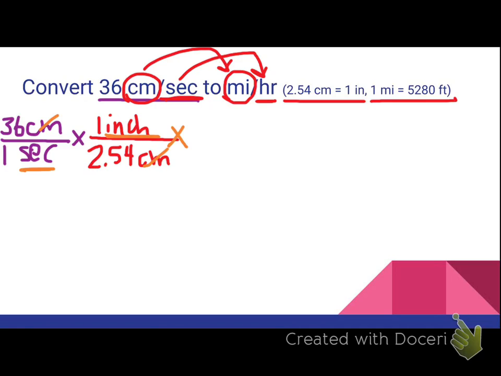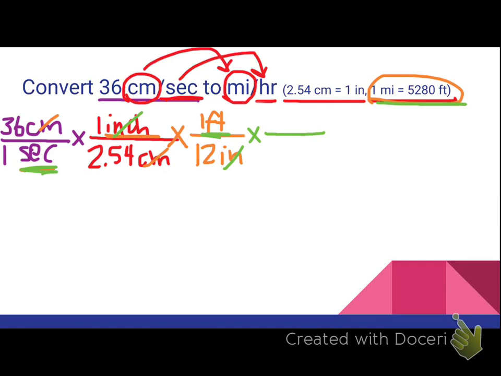I want to get those inches into feet because we're given an equivalent statement that has feet in it. We know that 12 inches is 1 foot. So looking here, my inches cancel. I'm going to be in feet. If I stop right now, feet per second, not quite where we want to be.